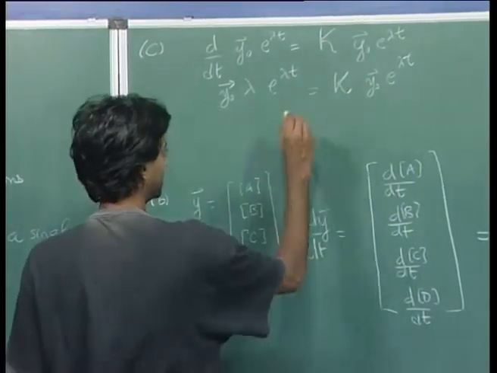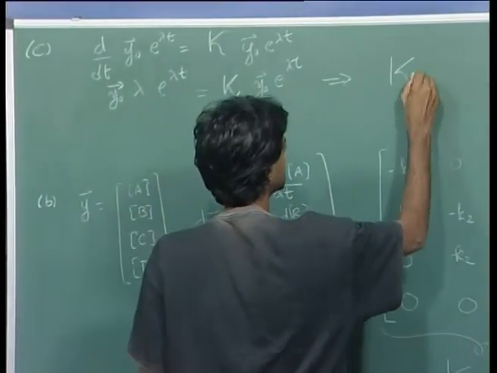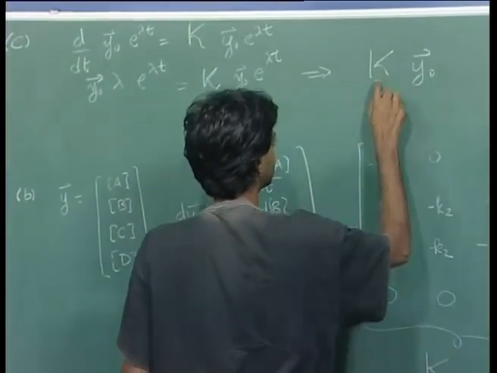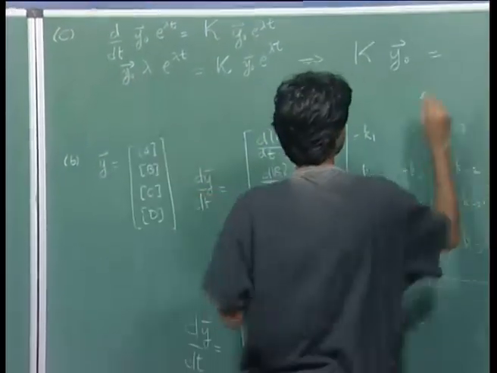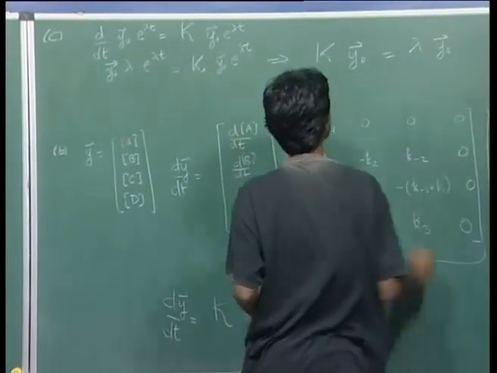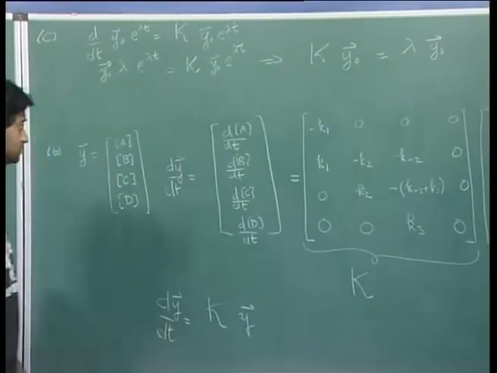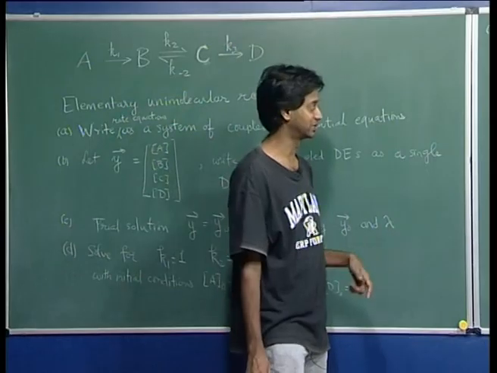So this implies K times y0, a matrix multiplying a vector, is equal to lambda, a scalar, times y0. This has exactly the form of an eigenvalue equation.